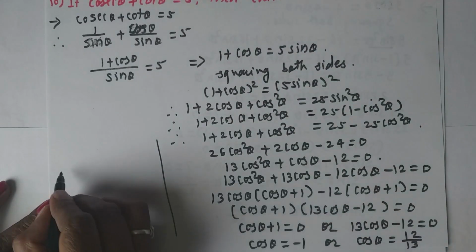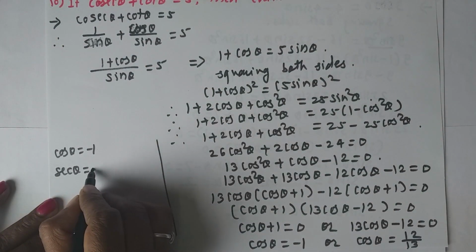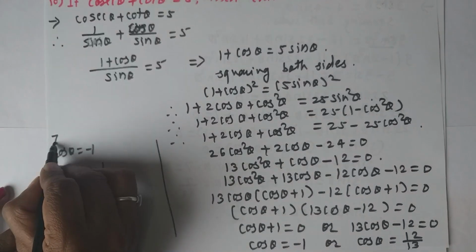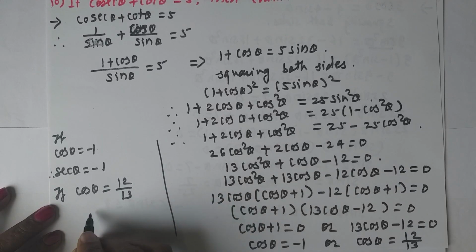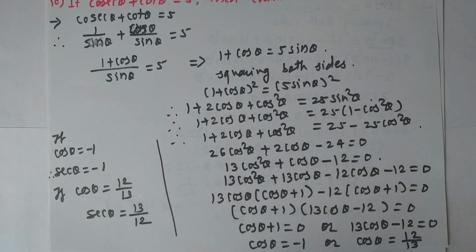If cos theta is minus 1, then sec theta will be minus 1, because sec theta is its reciprocal. Okay. And if cos theta is 12 upon 13, then in that case, sec theta will be 13 upon 12. In this way, we have got two values.